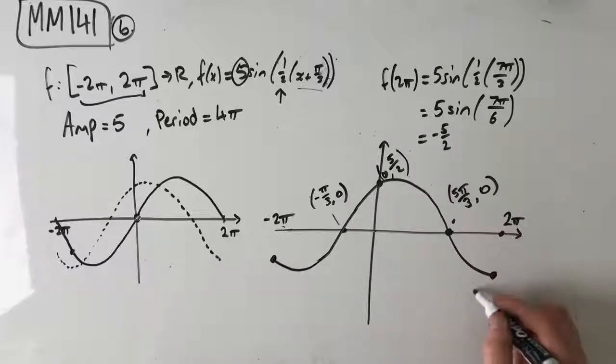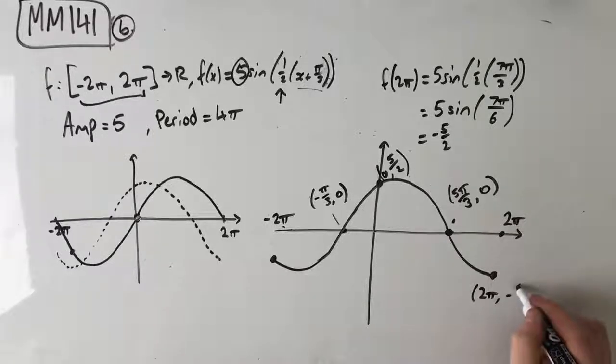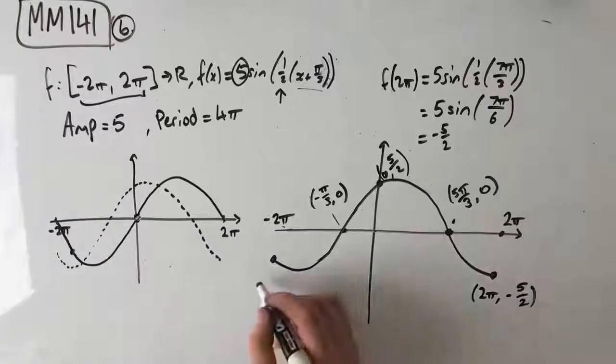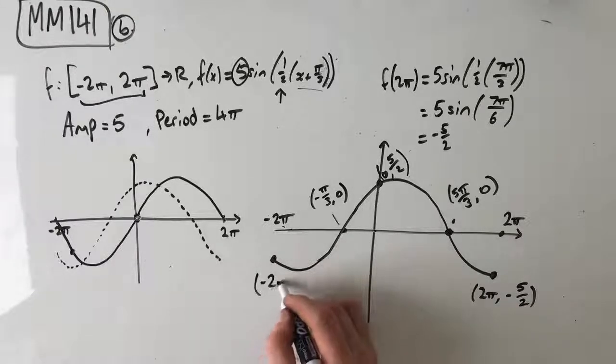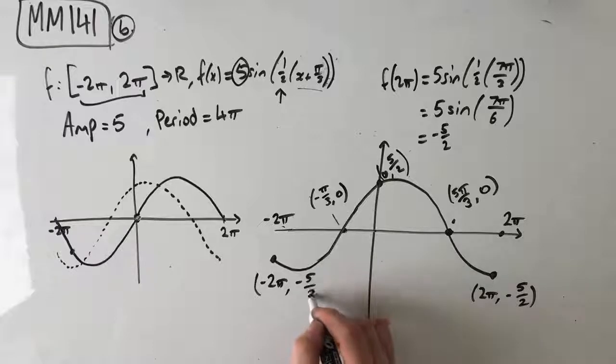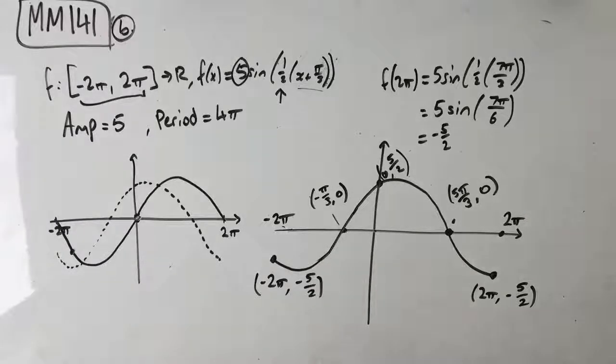So this bit here is going to be 2 pi, negative 5 over 2, and this here is going to be the same y point, which means we're going to get negative 2 pi and negative 5 over 2.